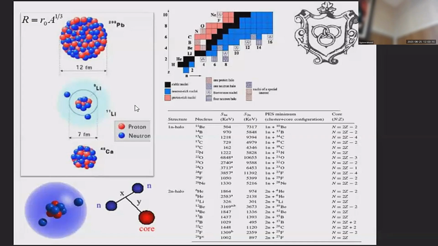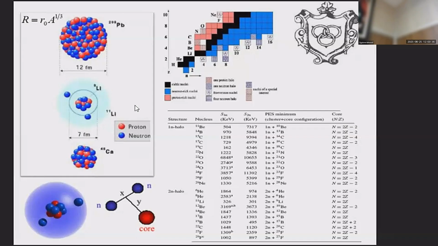They have almost the same radius. Therefore, this field opens a new window to create exotic nuclei and new applications, medicine, etc. It's a very important field, a very hot topic currently. Yeah, please.